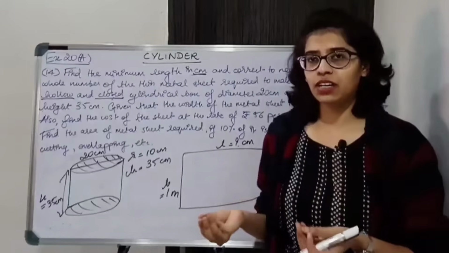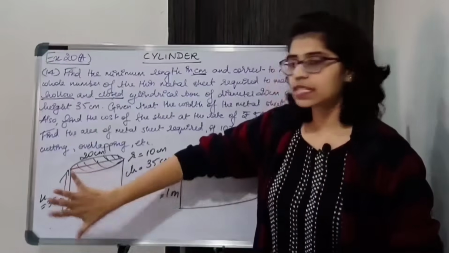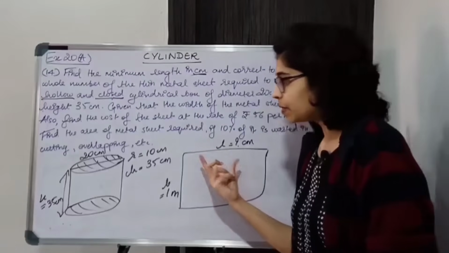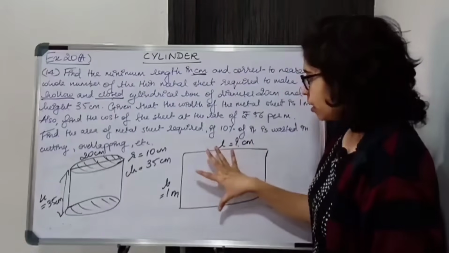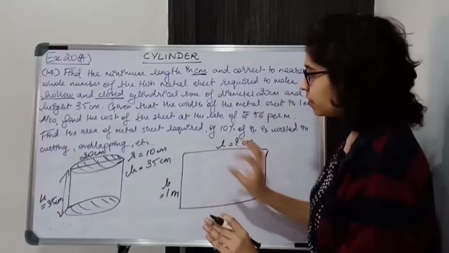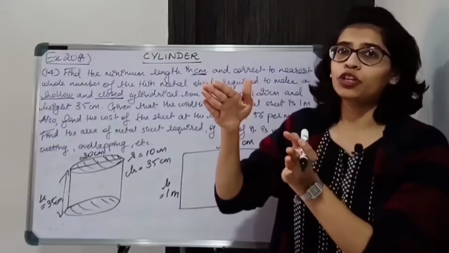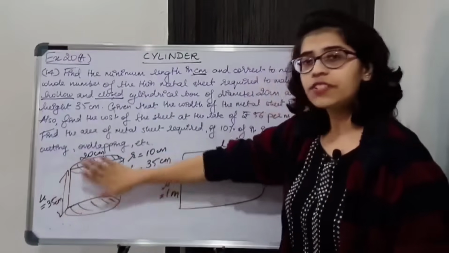So we have R, we have H. तो हम लोग easily इसका area find कर सकते हैं. इसका जो area होगा, this area will be equal to the area of the cylinder. Okay? You are using this to make the curved surface area as well as the circular disc that covers the top and bottom of the cylinder.